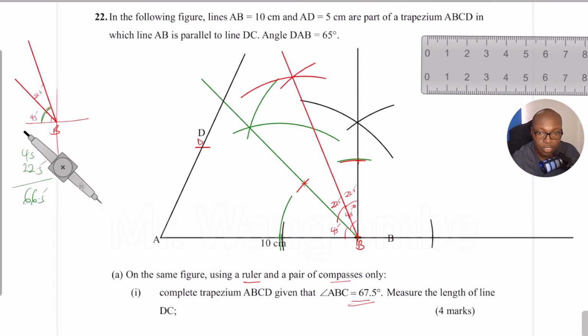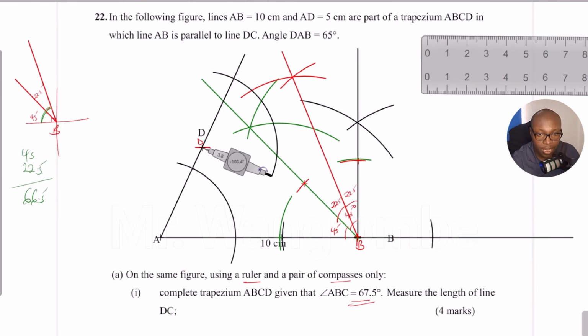It's just one of the ways you can use. So standing at A, any convenient radius, I will mark an arc like that. And then with the same radius, I stand at D and mark another arc like that.